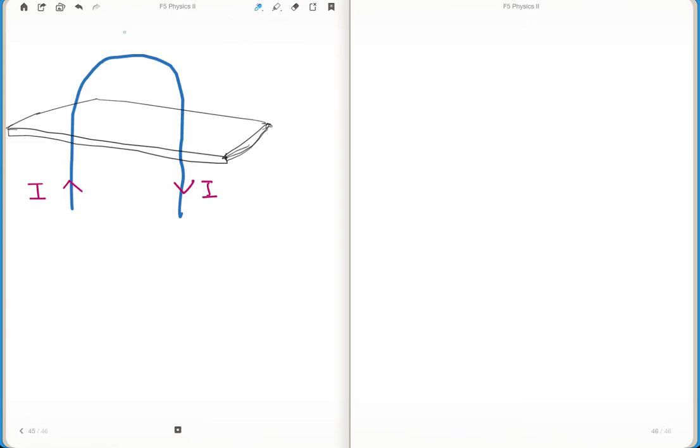If you look from a top view, with current flowing through it, what happens is around this area, you sprinkle metal filings. I think I'm going to erase this because it should be covered by the paper.